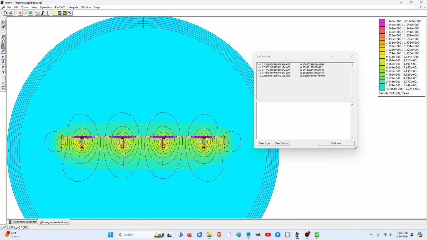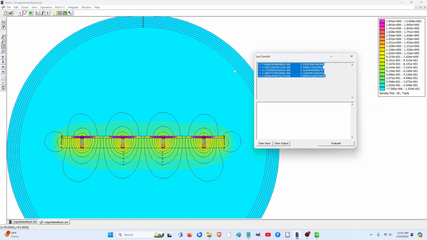And so what I did is I put points on either side of the magnet, and I can just do an integral across there to find the average magnetic field at different heights or distances from the magnetic face. So then I just split it into 5, and the output is here. Each of those, as we get farther and farther from the magnet, the field strength reduces.